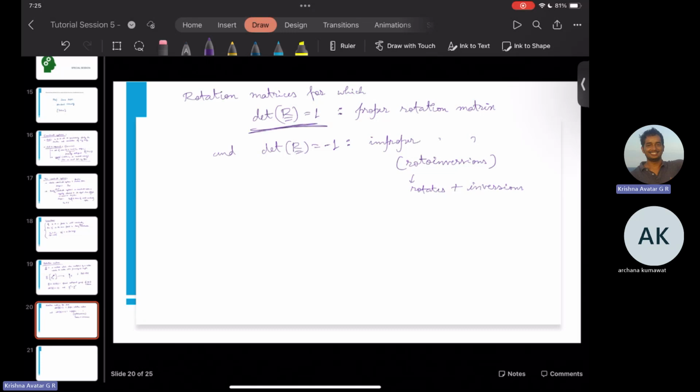All the time when we study the rigid body, we always only deal with proper rotation matrices, used for rigid body dynamics.